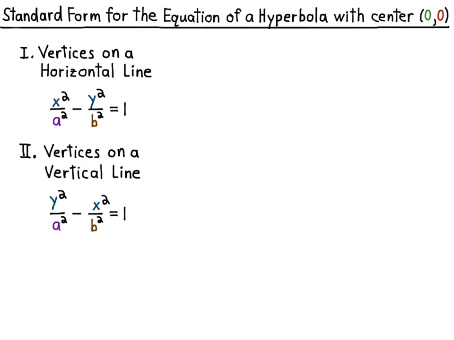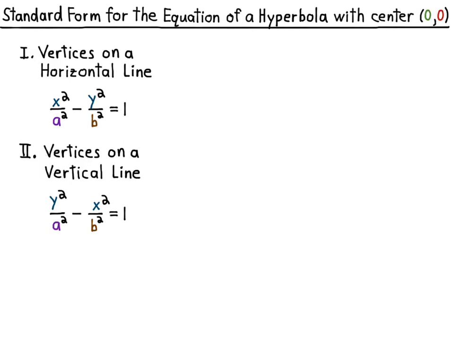So this is the second one, vertices on a vertical line. Now, how do you tell that? Well, see how the a is underneath the y? So the a squared under the y squared? That tells you you're going to go from the center in the y direction, a, and then you're going to go negative a from the center.